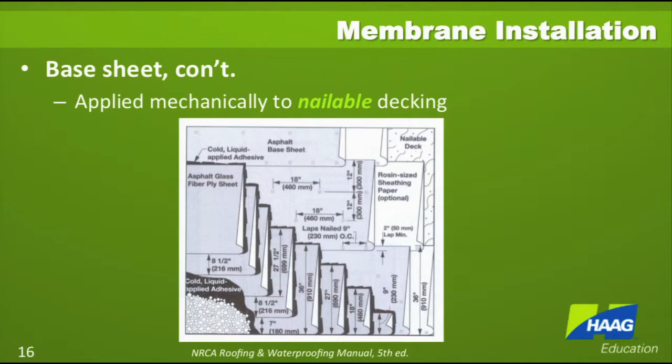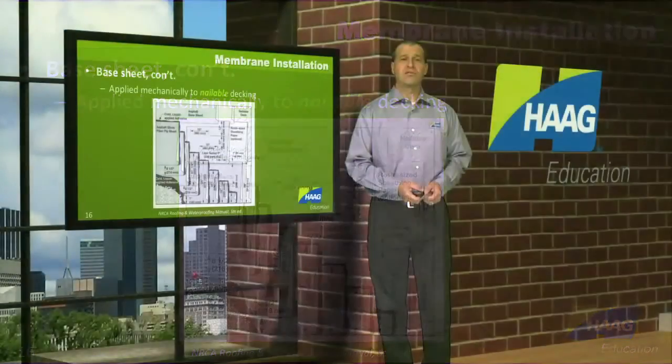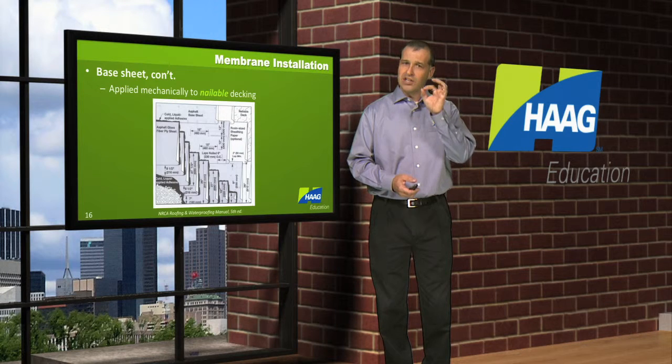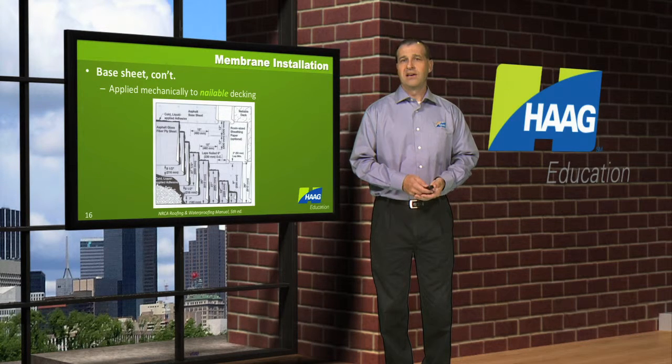Nails or screws would be applied every 9 inches along the lap. Important to notice that you're going to have to apply those fasteners through a cap that's got at least a 1-inch diameter to provide enough tear resistance to that base sheet. Every 1 foot then across our base sheet, you would apply those fasteners at 8-inch interval spacings.